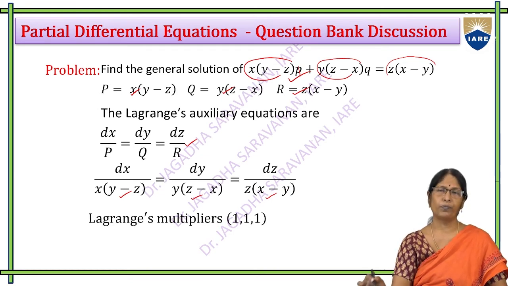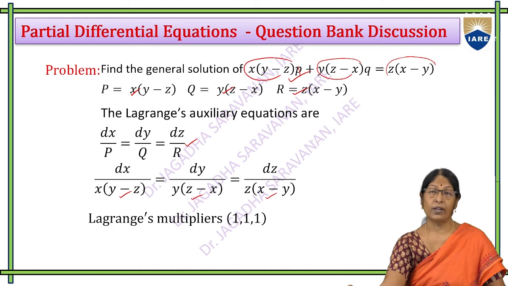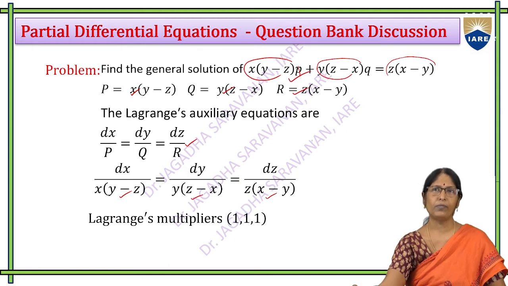In the problem we discussed earlier, to solve the Lagrange's linear equation, it should be in the format of P p plus Q q equal to R. Two methods are there. The first method, in the earlier problem we discussed, was the method of grouping.